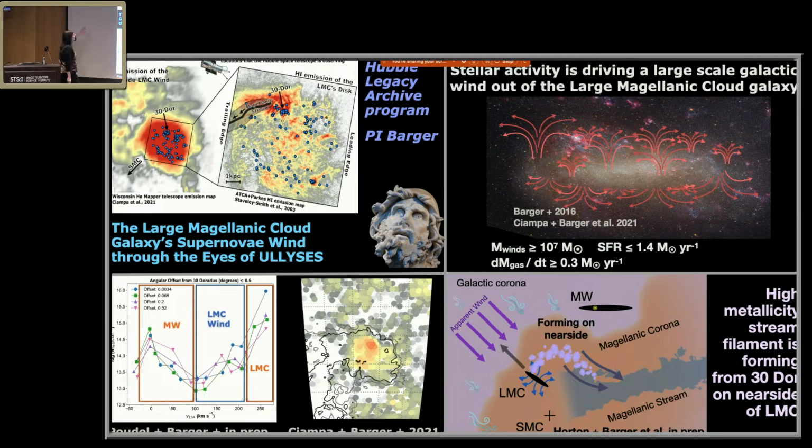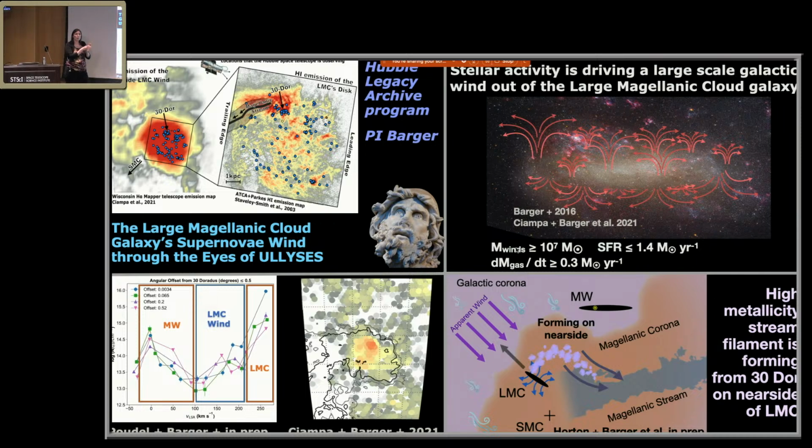So, to summarize, I'm leading a big, huge Hubble Legacy Archive project to explore the winds of the LMC outflows. We find that there is a pretty good amount of material getting kicked out of this galaxy, and this outflow rate will depend on whether or not you're including both the slow-moving and the fast-moving components of the wind.